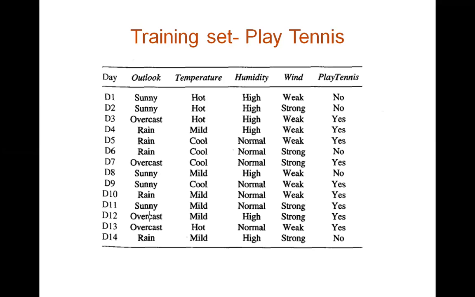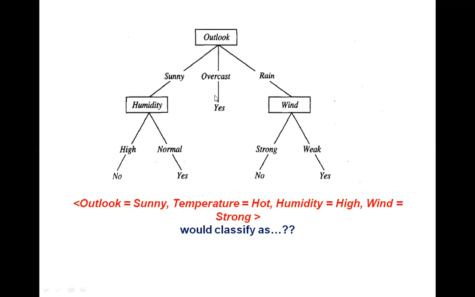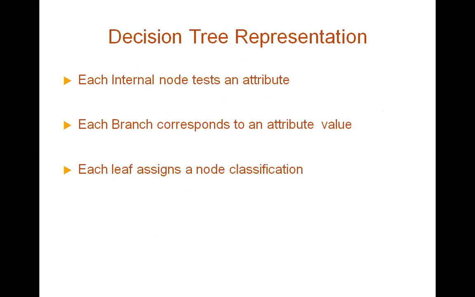What is the reason you have selected outlook as the root node? Or how are you going to select the root from these 4 attributes? Any node you select, how are you going to select any of these attributes as root? Is it clear? In our tree, outlook has become the root. We have to find out how we have arrived at it.